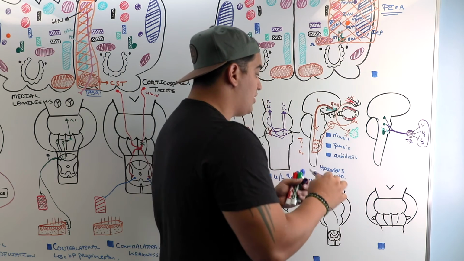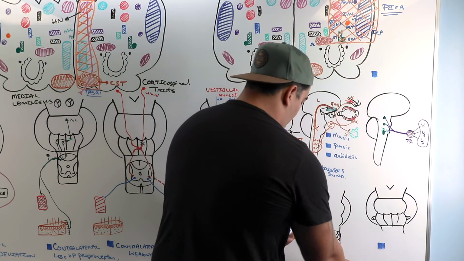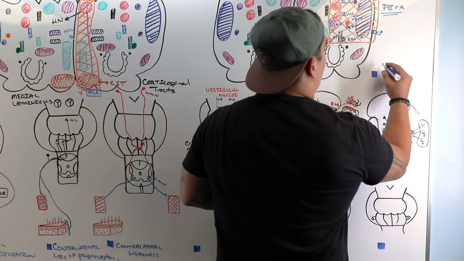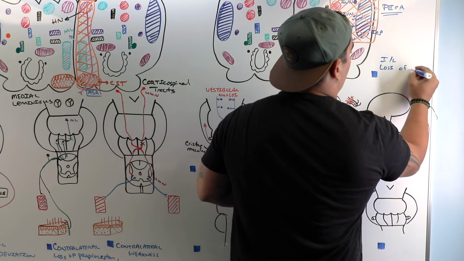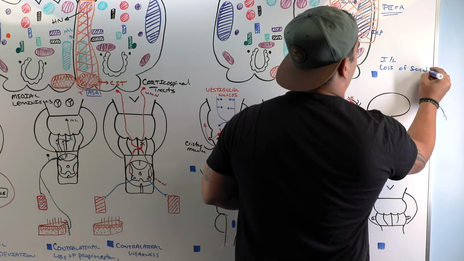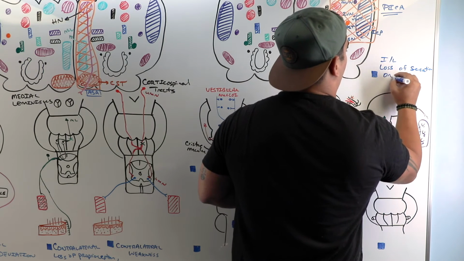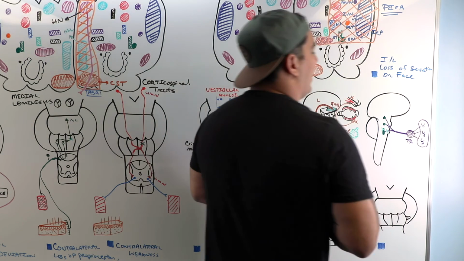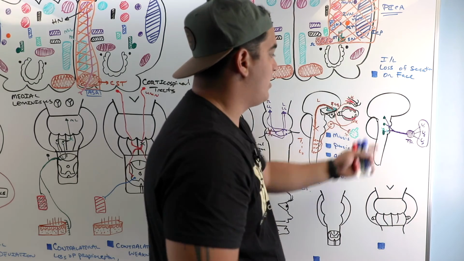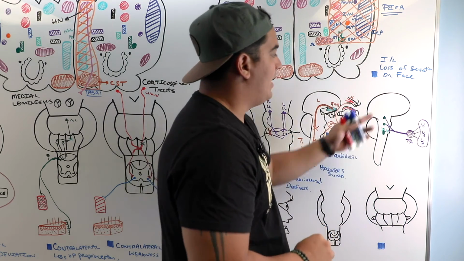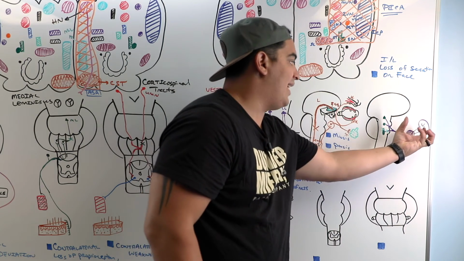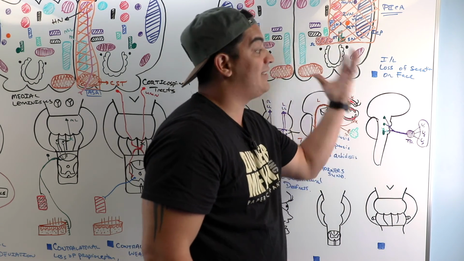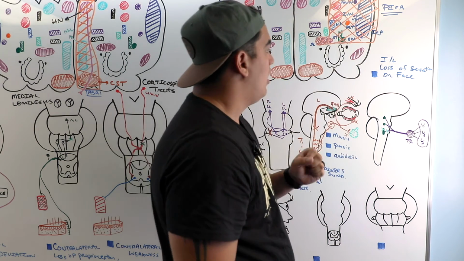So there's a loss of ipsilateral sensations on the face. And again, that is because the spinal nucleus and spinal tract are damaged on the left side, because this is taking the sensations from that side of the face, in this case the left side of the face.